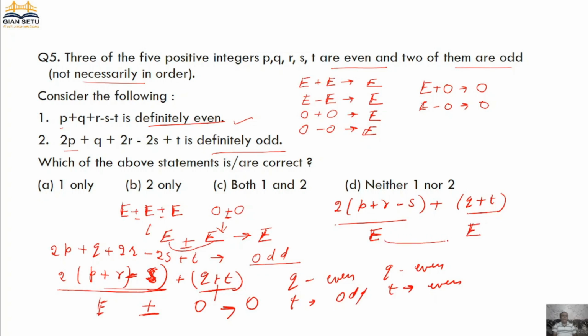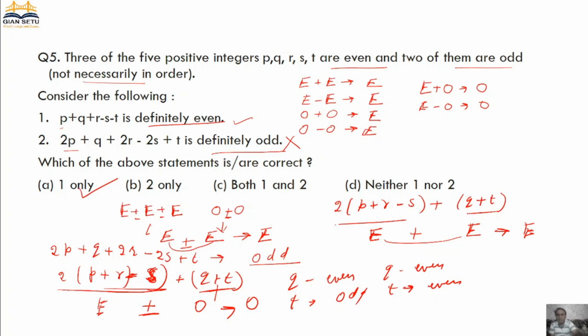Now if we further add or subtract these two even numbers, we will get an even number. Now according to statement 2, this expression always gives an odd number, but we can also get an even number. So this statement is not always correct. So here the answer is 1 only.